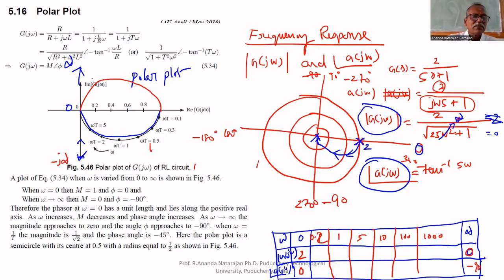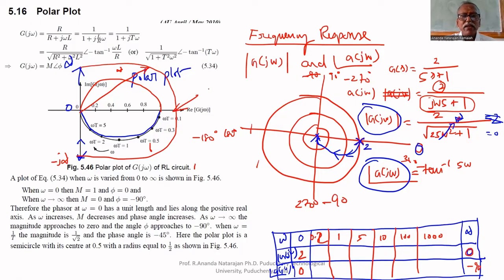And if you take a semicircle of radius infinity, what is the magnitude? Infinity. Suppose I take a coordinate here.